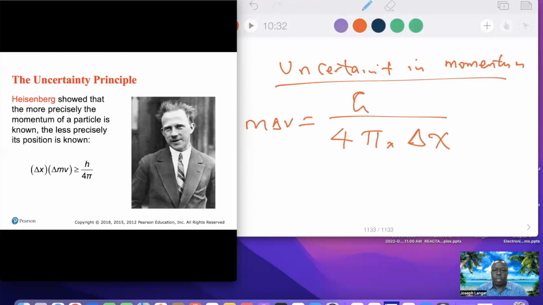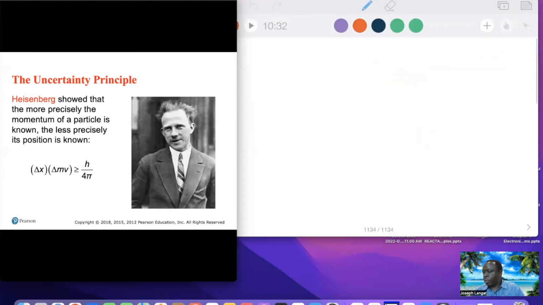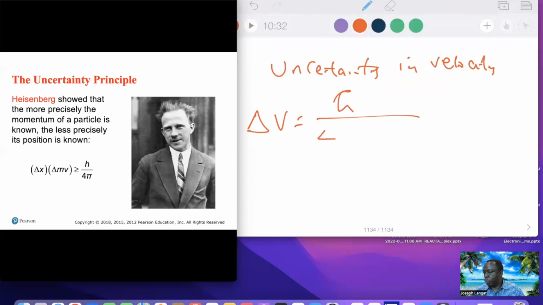All right, uncertainty in momentum. And remember to change the units.